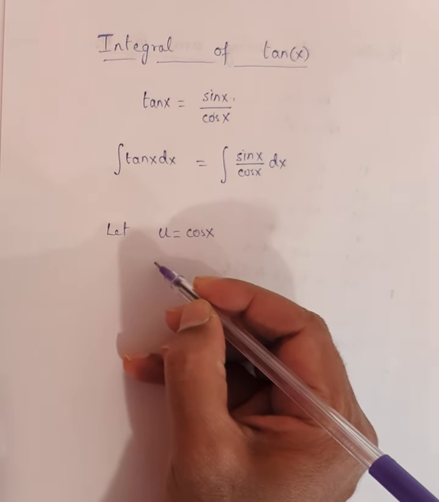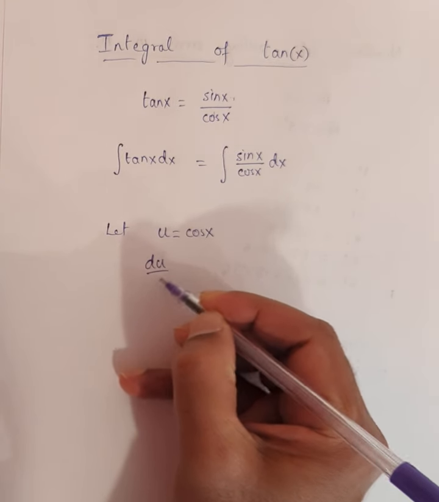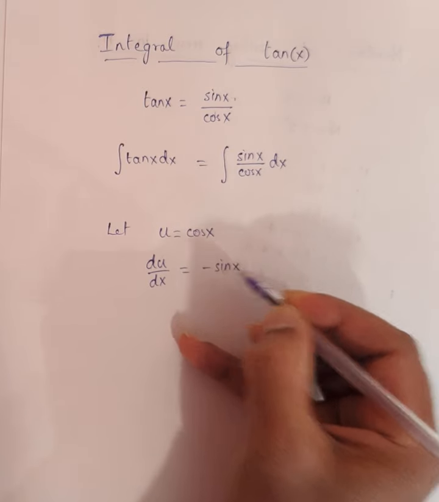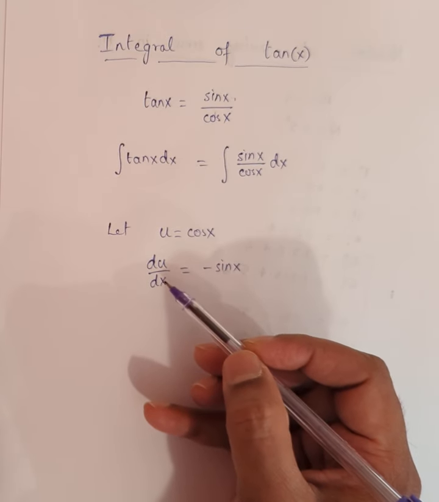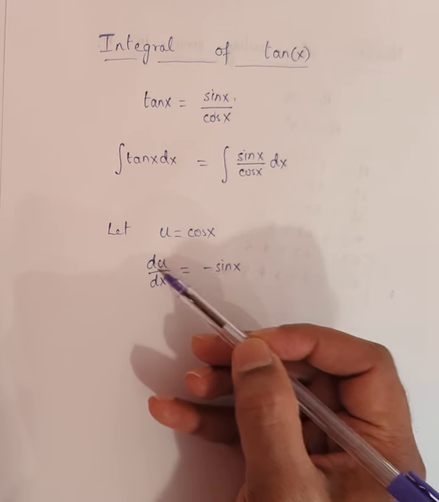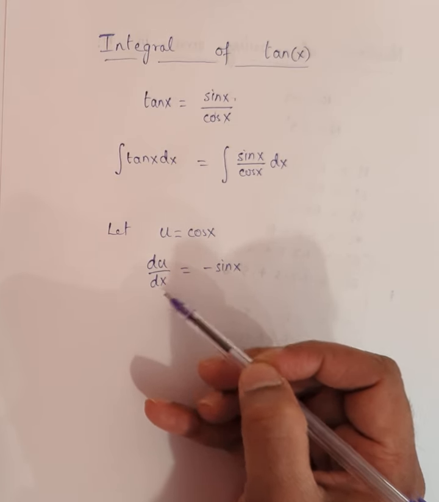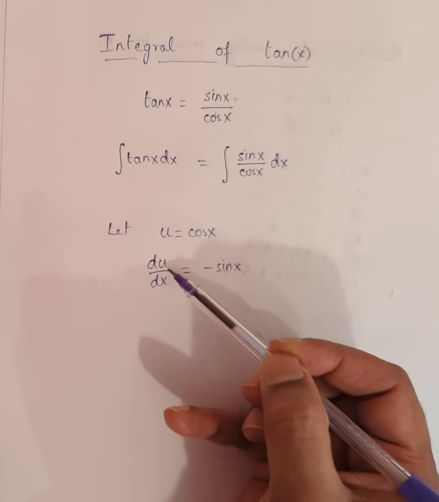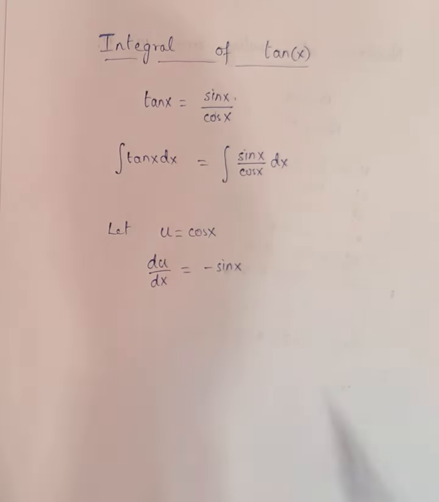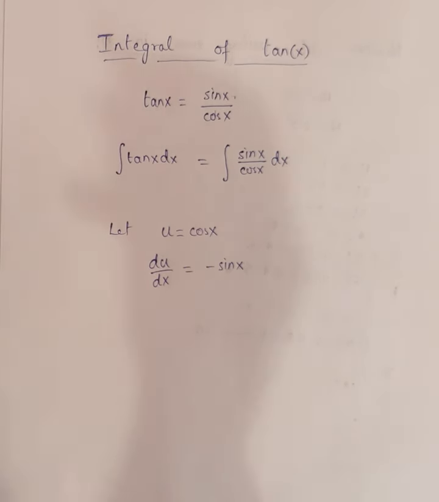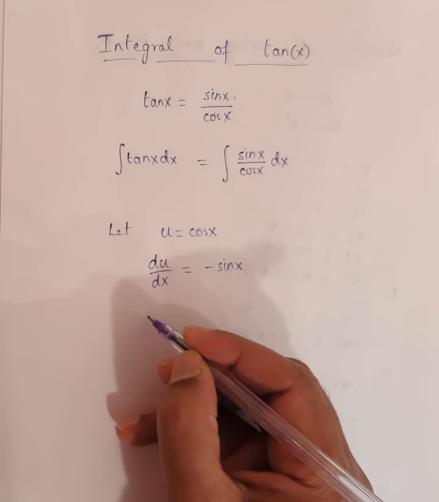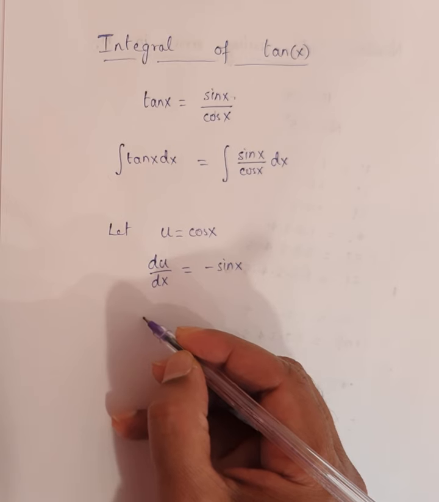So the first thing I want to do is figure out du over dx, and that is negative sine x. Now let me remind you, du over dx does not mean you're dividing du by dx. It's just a symbol that says that you're taking the derivative of u with respect to x. However, it requires some bit of analysis to prove, but you can always multiply both sides by dx.